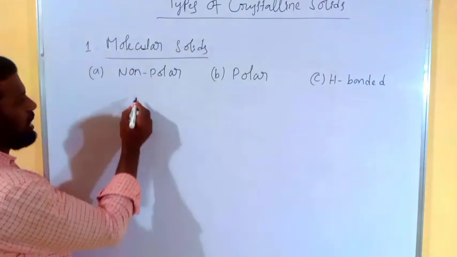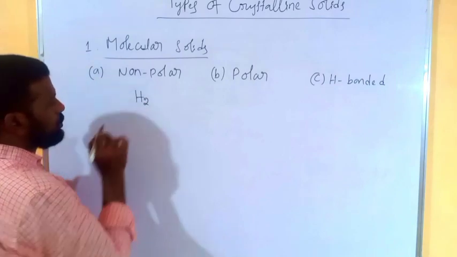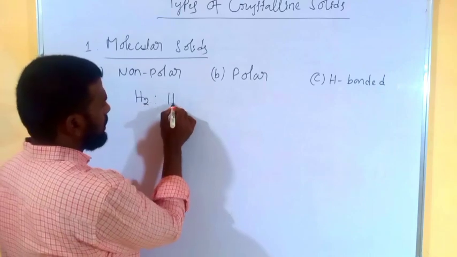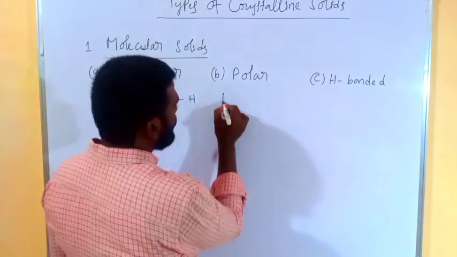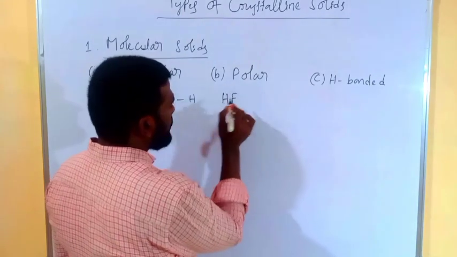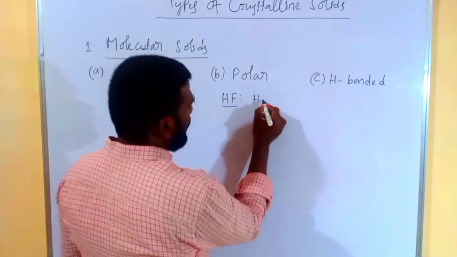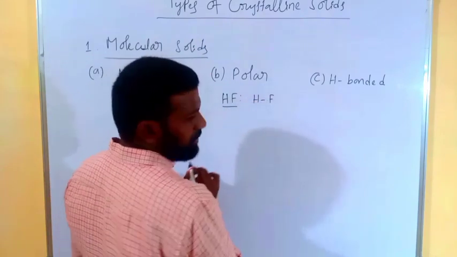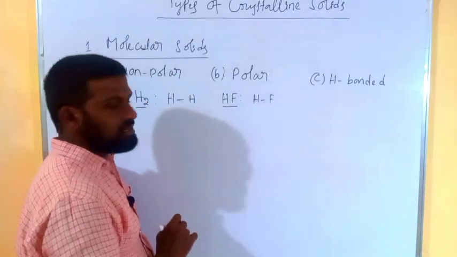To understand this, I am going to take two molecules. The first one is the hydrogen molecule. It contains two hydrogen atoms, H bond H. And another molecule, hydrogen fluoride. This molecule also contains two atoms, H bond F. What is the meaning of this bond? That you already studied in 11th class and 10th class.